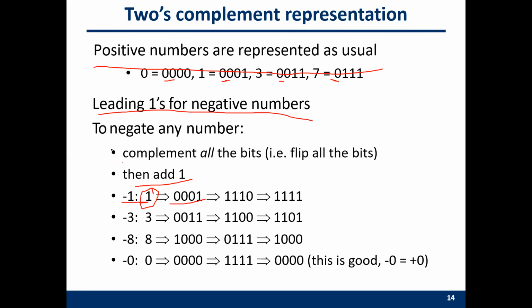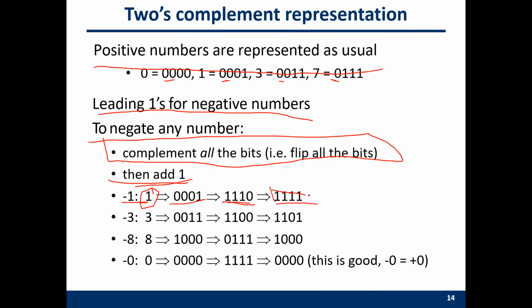We do the flip, which is the first step. The flip means all 0s will be changed to 1s, and 1s will be changed to 0s. So this is 1, 1, 1, 1, and then the last step is +1. So we use this number to represent -1.